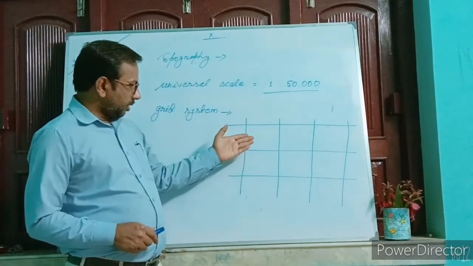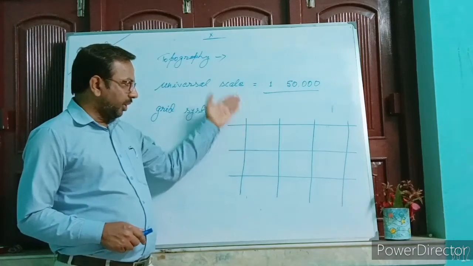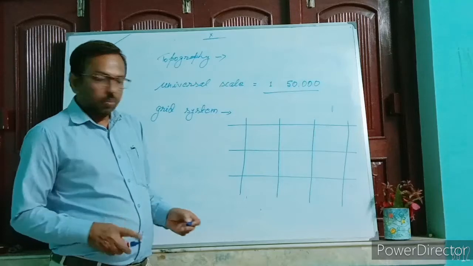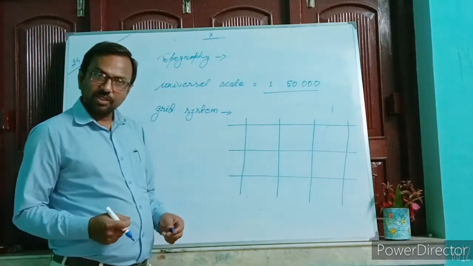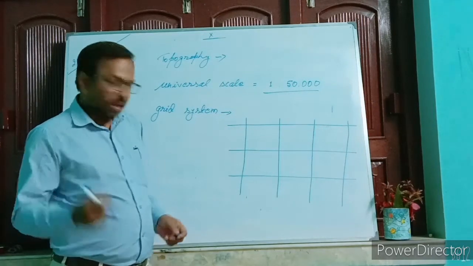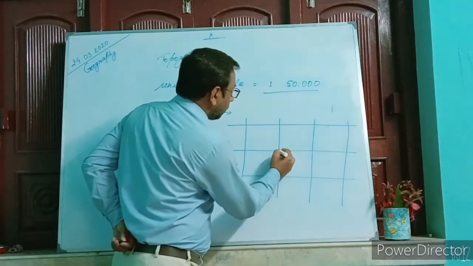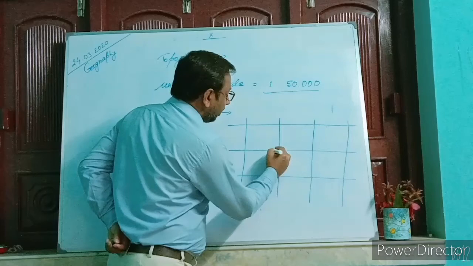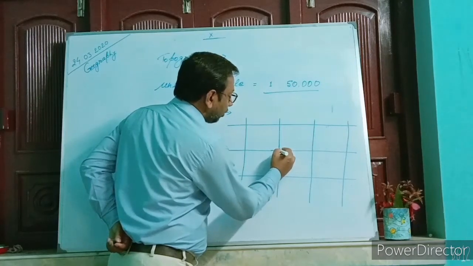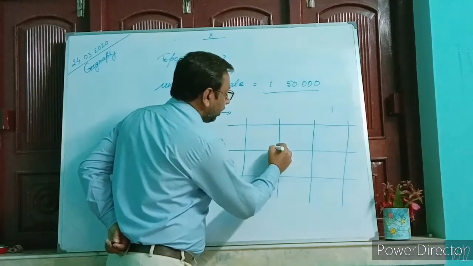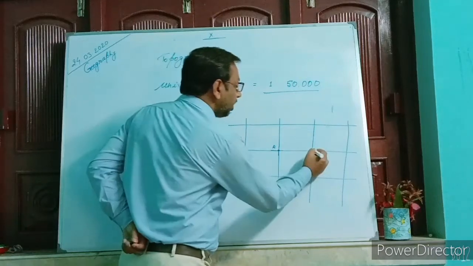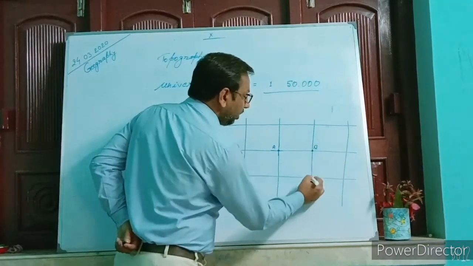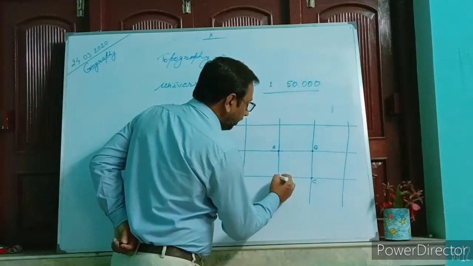In these intersections of horizontal and vertical lines, we will see the crisscross sections. Suppose here this vertical line is intersecting a horizontal line, so we make a point and we give a name A. Similarly, at this intersection we give a name B, C and D.